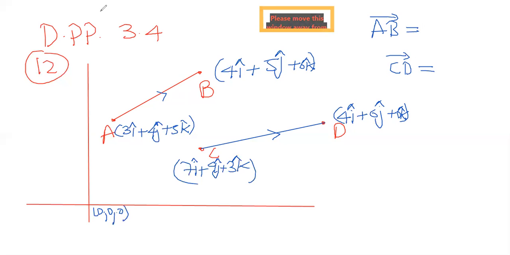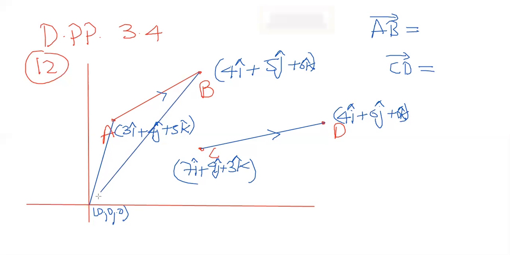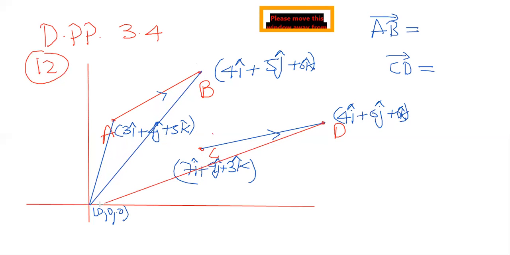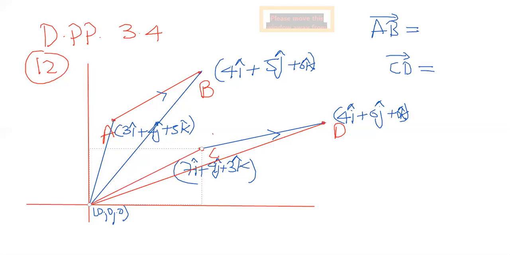From the origin, if you join A, and similarly from the origin, if you join the vector B, similarly, from the origin, if you join the vectors D and C also respectively, like this, okay.